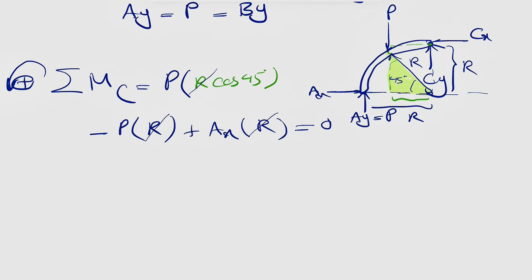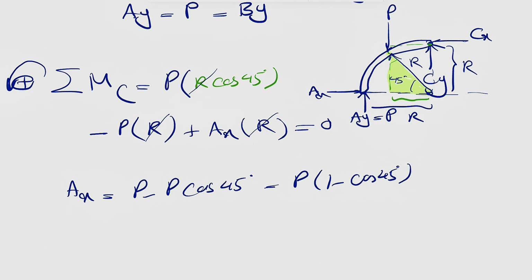We can cancel out all the R's here, so our Ax would be P minus P cosine of 45 degrees, and we can factor P: P times (1 minus cosine of 45 degrees).